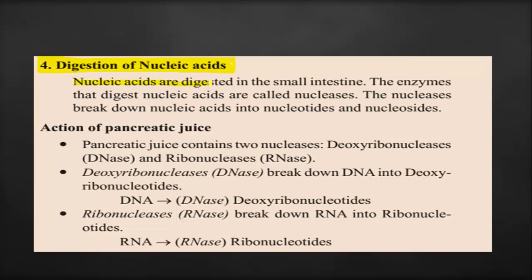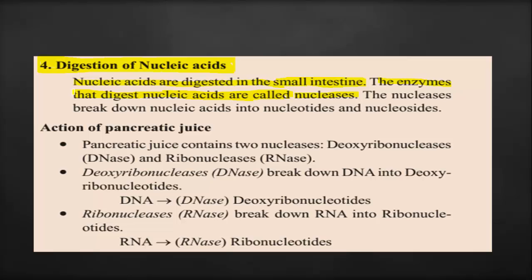Nucleic acid digestion is confined to the small intestine. In other parts of the alimentary canal, there are no nucleases. What are those nucleases? Nucleases are the enzymes that act on or digest the nucleic acids. So the enzyme which is acting on DNA or the enzyme which is breaking the RNA, both DNA and RNA are the nucleic acids.